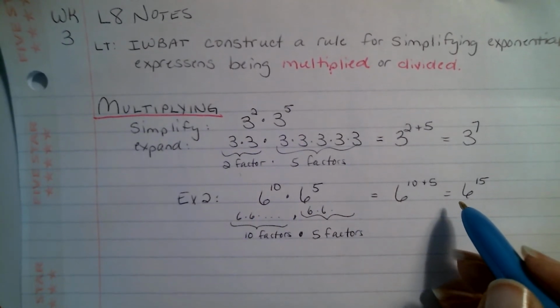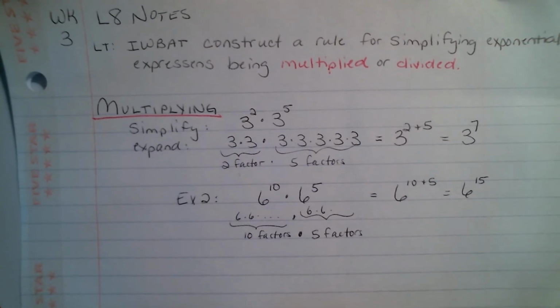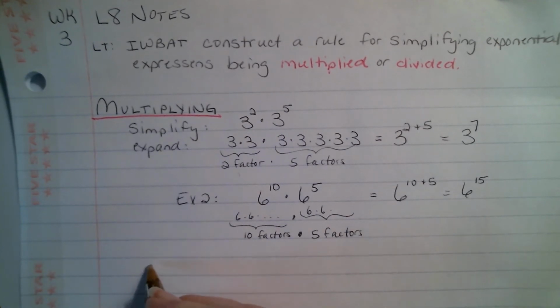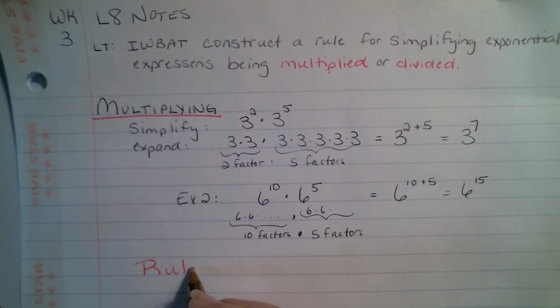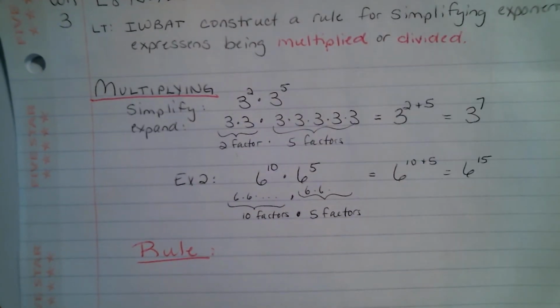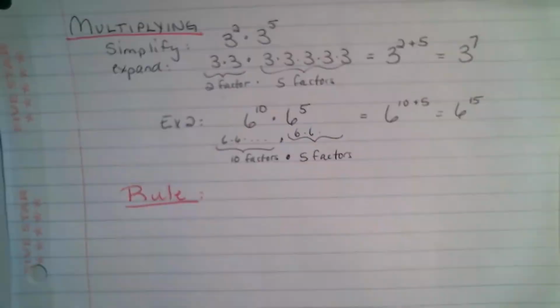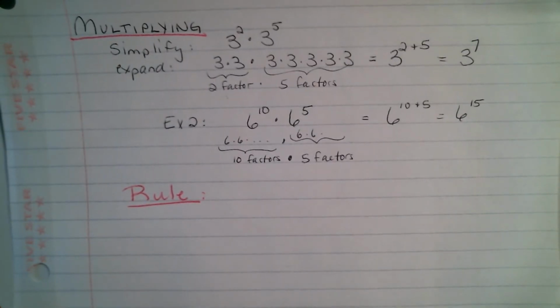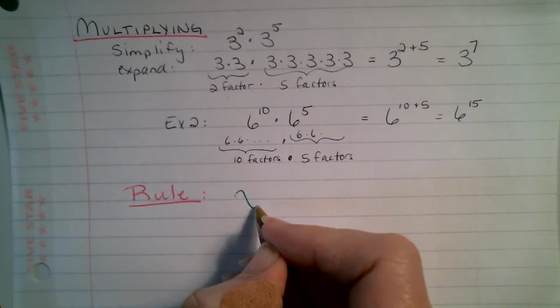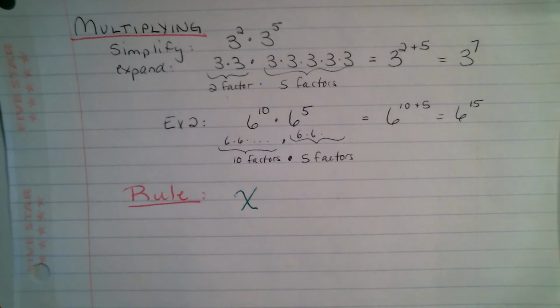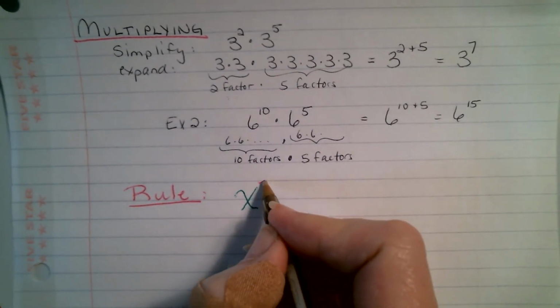So, right there. What do you think our rule is then for multiplying? If we were to state this as a shortcut. Well, x raised to, let's say, the m power.